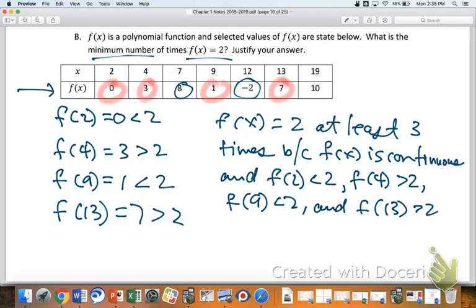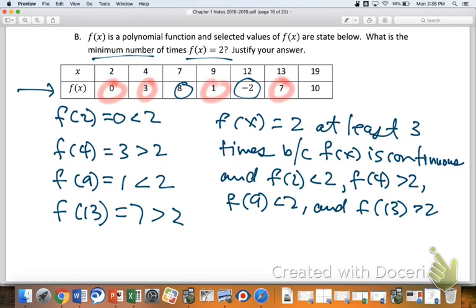So every time we go from above to below or below to above, we've got to hit 2 somewhere in there. Again, we're not finding an answer. We're finding out that there are answers, right? That the answers actually exist. Make sense? Okay. Any questions?